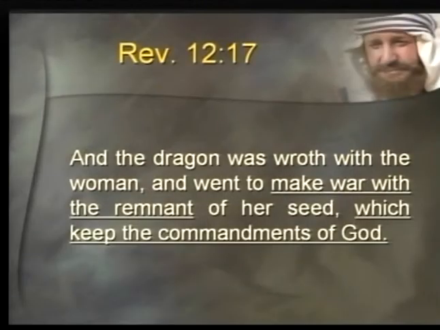While they stood alone, what do we find in Revelation 12, verse 17? It says he's making war with the remnant. There's only a small group that still keep the commandments of God. We continually find that even in Isaiah.